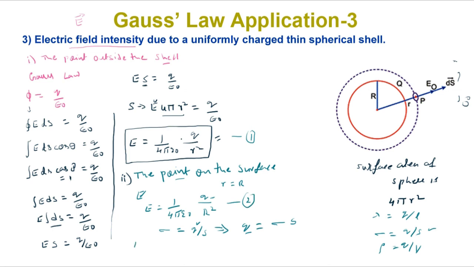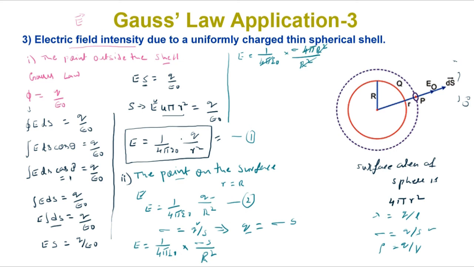See what you will get. E is equal to 1 by 4 pi epsilon naught into sigma S divided by capital R square. The surface area of the sphere is 4 pi capital R square, so R square cancels with R square, and 4 pi cancels with 4 pi.